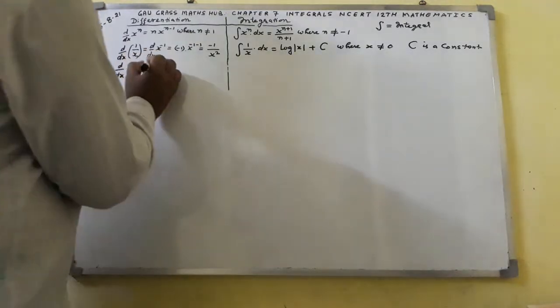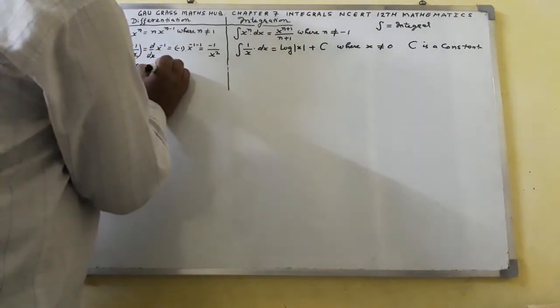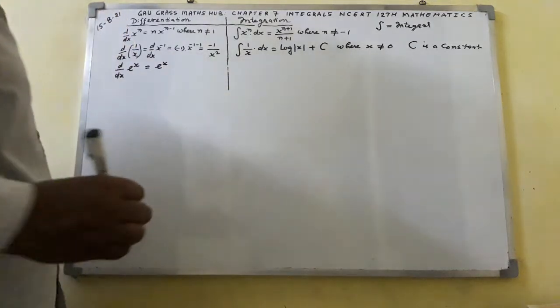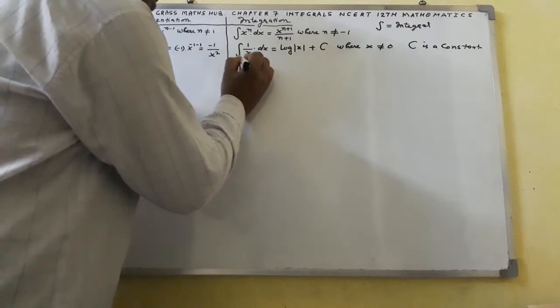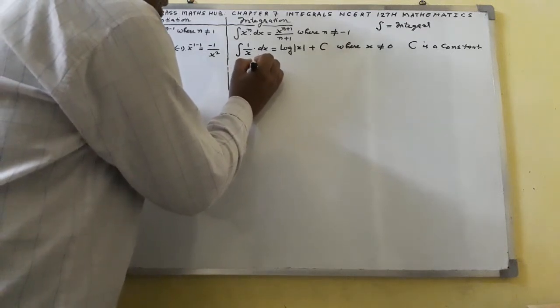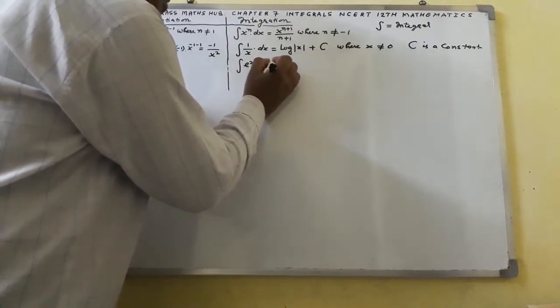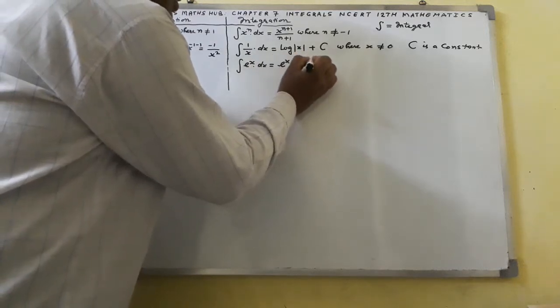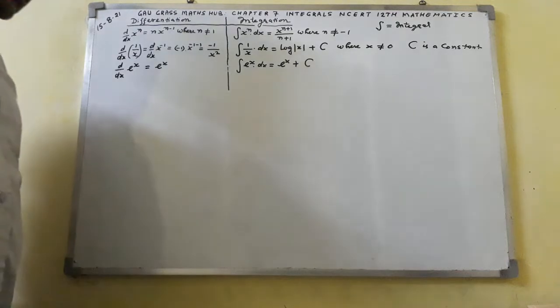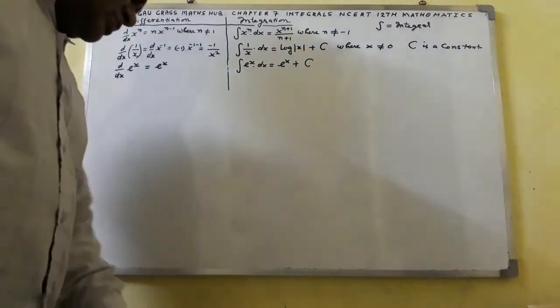You will get here equal to e raised to the power x. This is the formula you must remember. Here again I shall write integral e raised to power x dx equal to e raised to power x plus c, where c is a constant. This is the formula, remember this one.